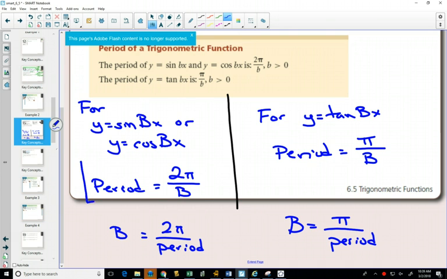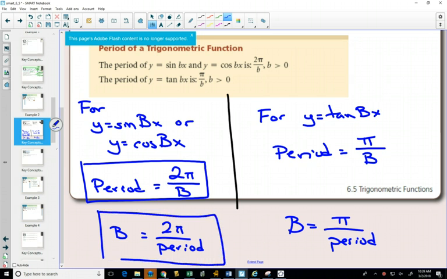So that means if your period was 2 pi, when you multiply by the reciprocal, which is 1 over b, your period becomes 2 pi over b. And if you take this formula and rearrange it to get b by itself, you would get b is equal to 2 pi over your period.